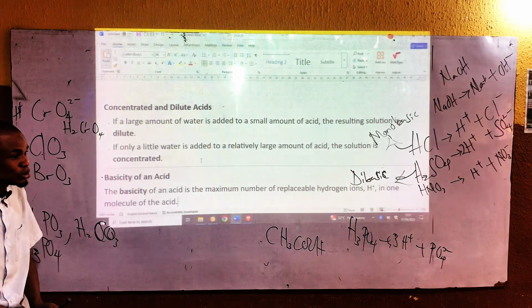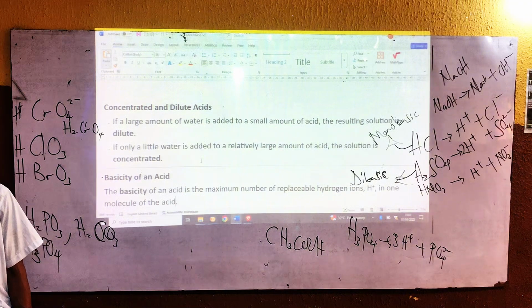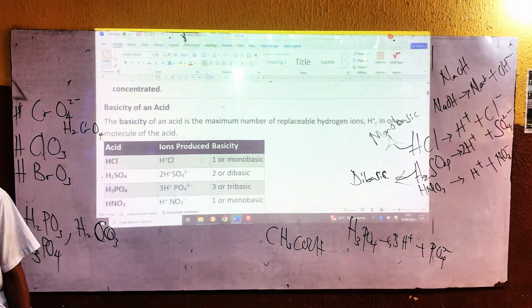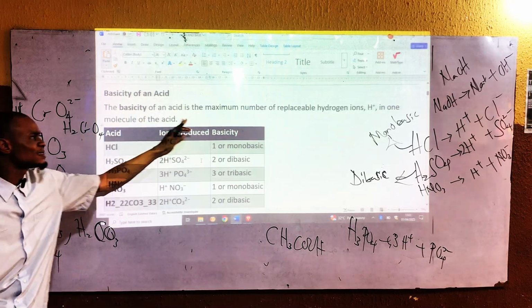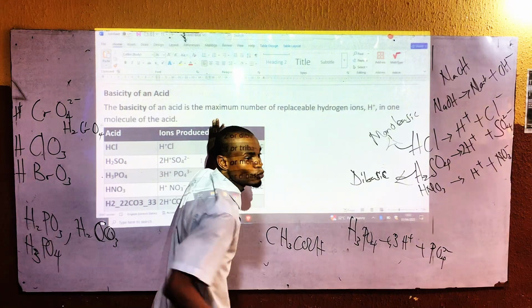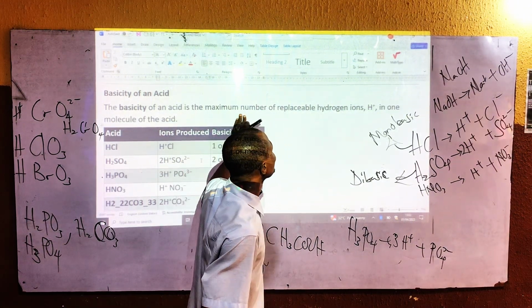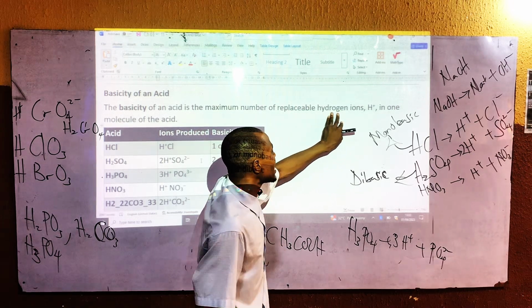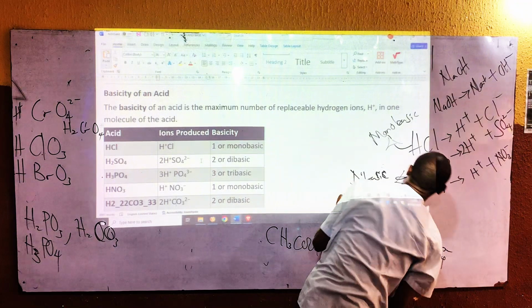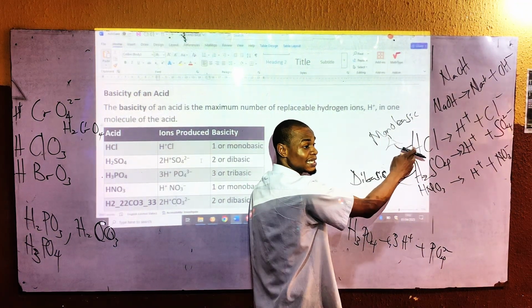I'll give the example now. Basicity of an acid is the number of replaceable hydrogen atoms present in an acid, in one molecule of an acid. You can put it more precisely: the maximum number of replaceable hydrogen atoms in one molecule of an acid. Now look at this H2SO4.